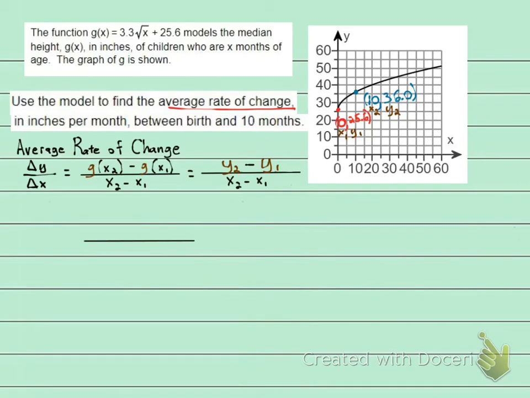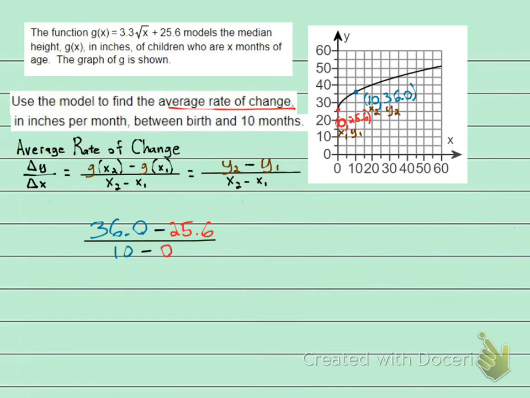So the g of x2 is going to be 36.0 minus the g of x1, which is 25.6, divided by x2, which is 10, minus x1, which is 0.